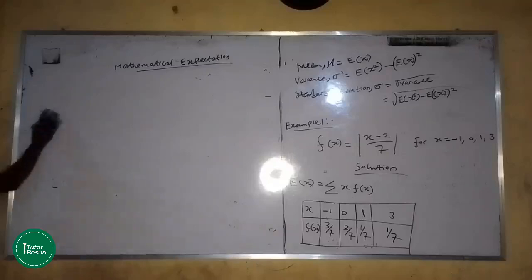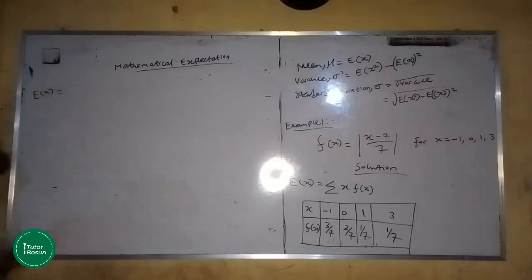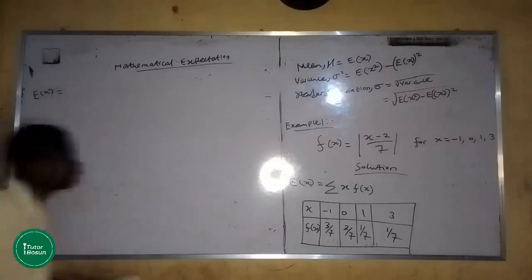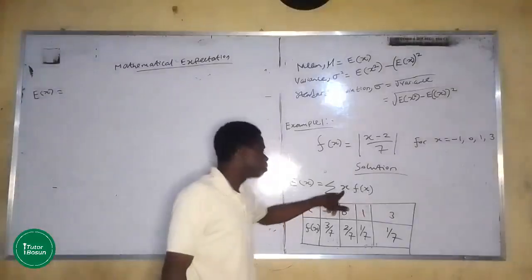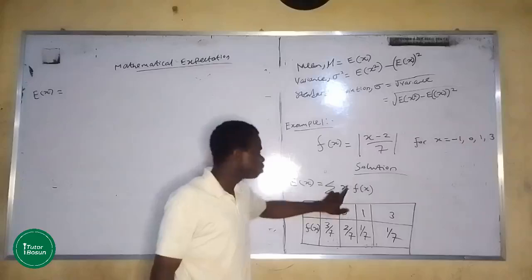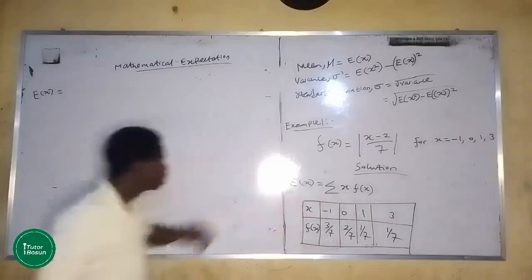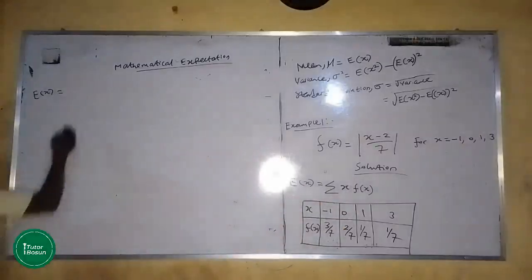So the next thing is to determine our expected value of x. The expected value of x says we should sum the multiples of x and f of x, taking that multiplication one after the other.